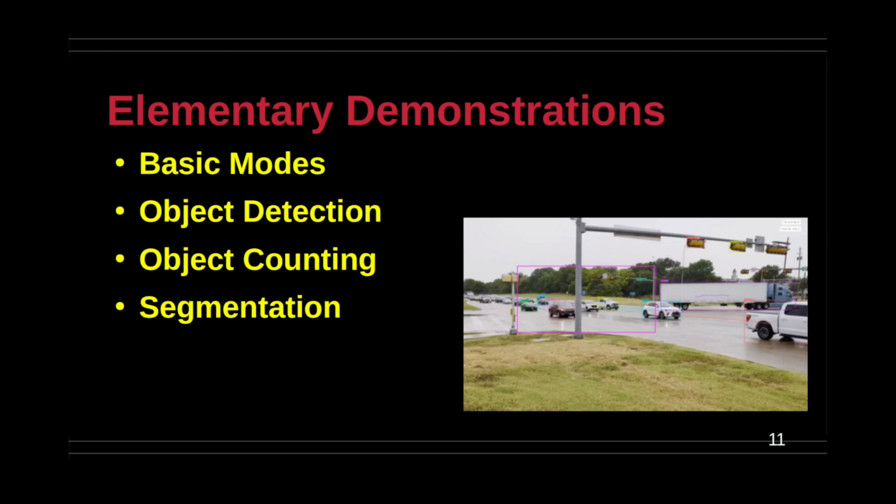The demonstrations will illustrate the basics in object detection and object counting. Segmentation is an important facet in ensuring that all objects in the input are fully detected and counted. It may be necessary to provide a separate tutorial on this subject.